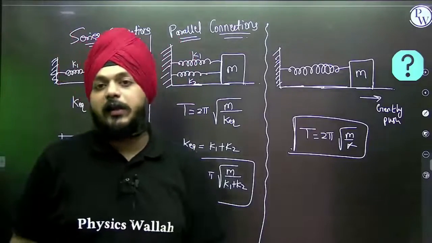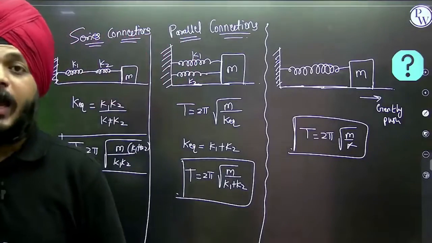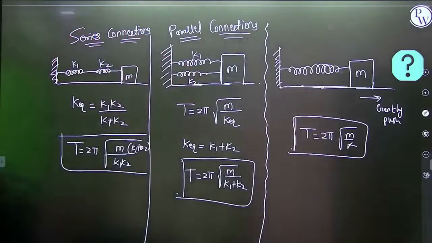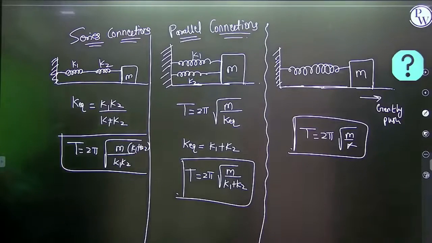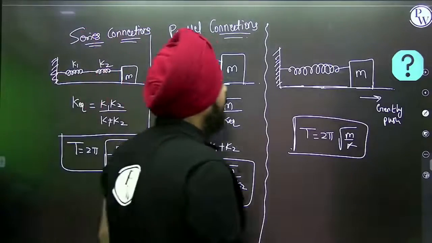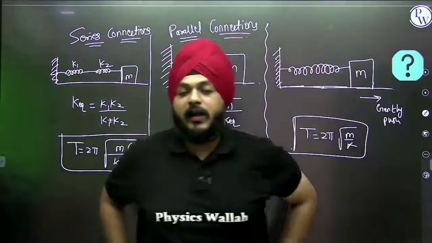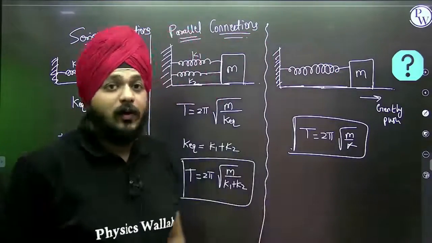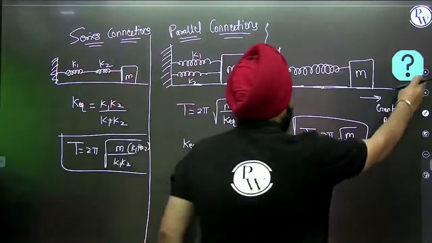Today we are going to see that in a very simplified form. I am going to show you a shortcut. The Mains and Advanced level sums based on this shortcut we are going to solve. Now let's see what the actual shortcut is.